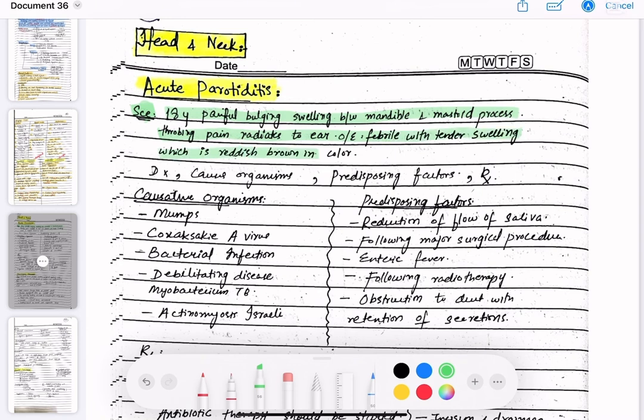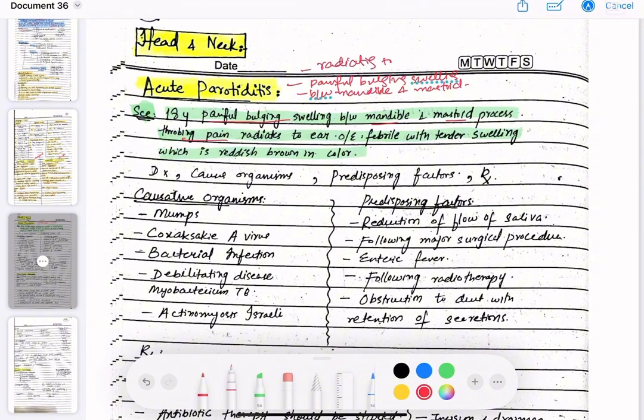Okay, so here the case is that there is a painful bulging swelling. Acute parotitis. Painful bulging swelling is present, and it is present between the mandible and mastoid process, and the throbbing pain radiates to the ear.